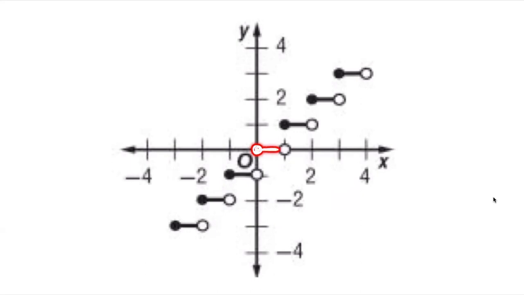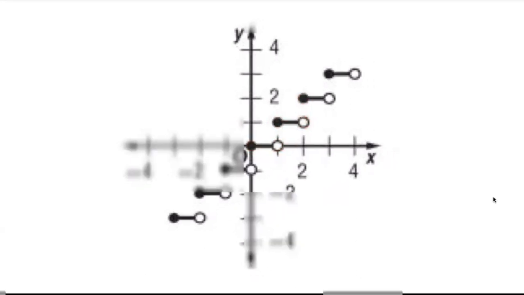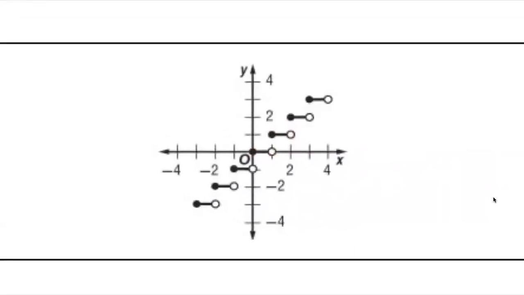The output would be 0 until we hit exactly 1. Once we input 1, then we get an output of 1. And then same thing, 1.1, 1.2, 1.3, 1.4, all the way to 1.99999 would give me an output of 1 until I hit 2, and then it would jump to 2. So that's why we end up getting these steps.